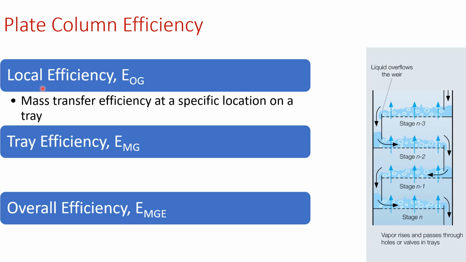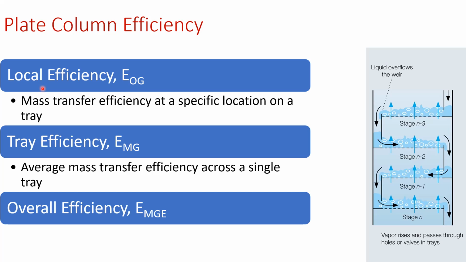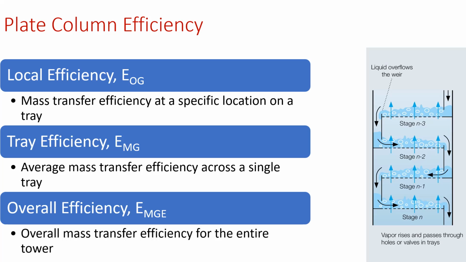Then we generalize this to the tray efficiency, which is the average mass transfer efficiency across a single tray. And then again we generalize this for the whole column, and this is called the overall efficiency, which is the overall mass transfer efficiency for the entire tower.